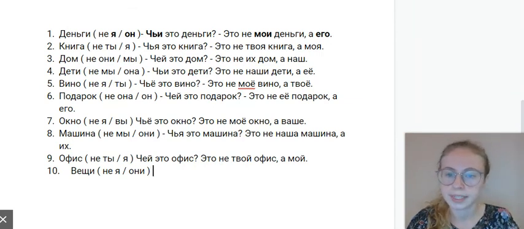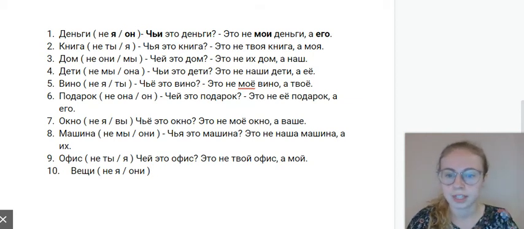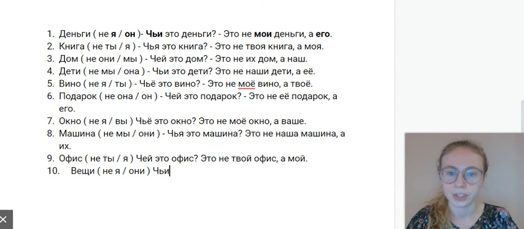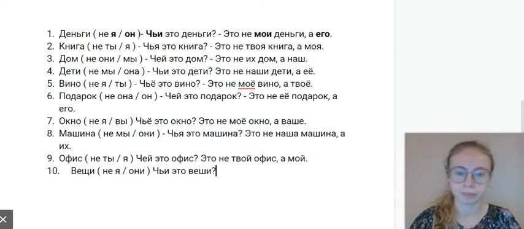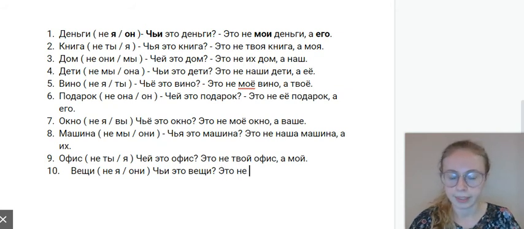And the last one is вещи. Вещи, things or stuff, plural in Russian. Whose things are these? Plural form of the question word whose. Чьи это вещи? Это не я.